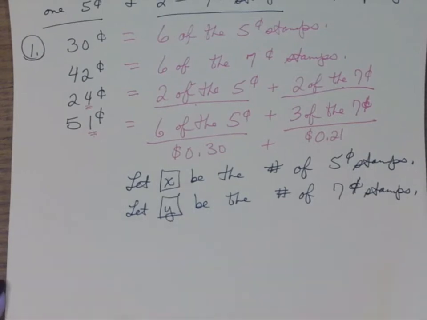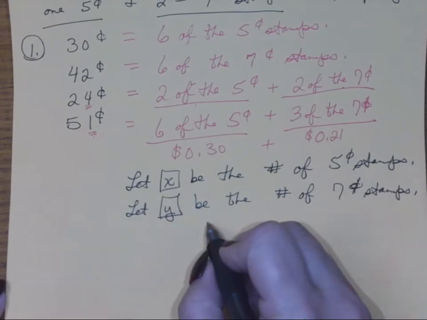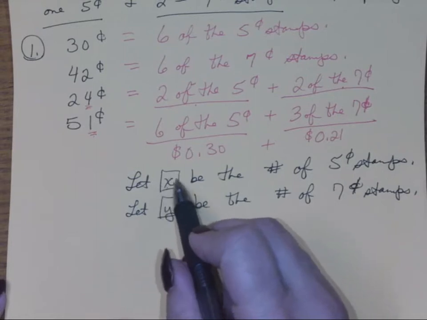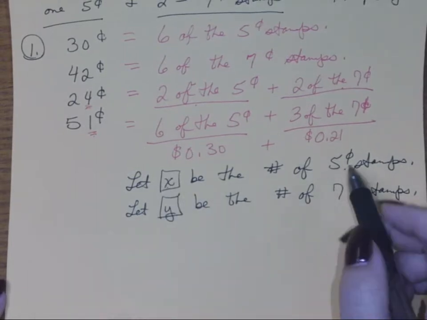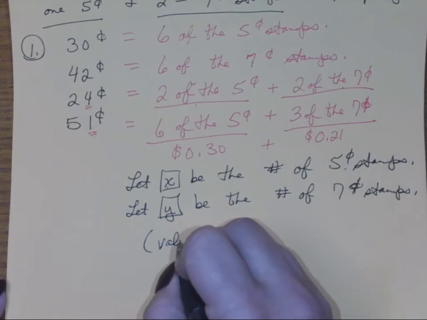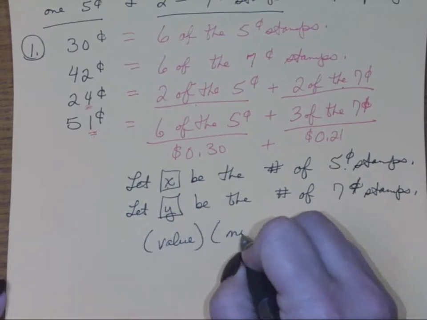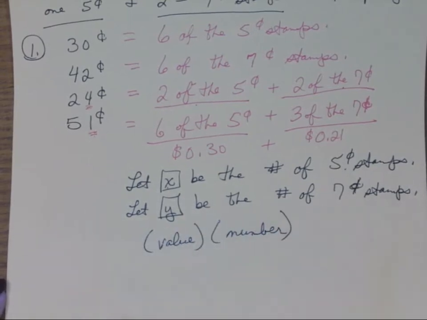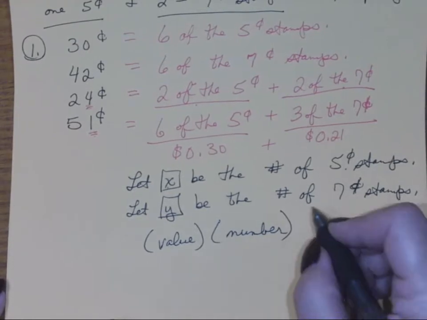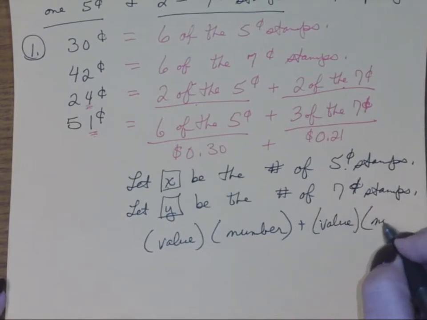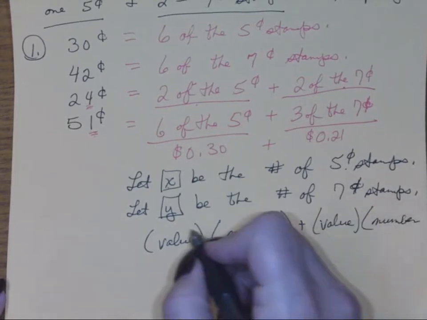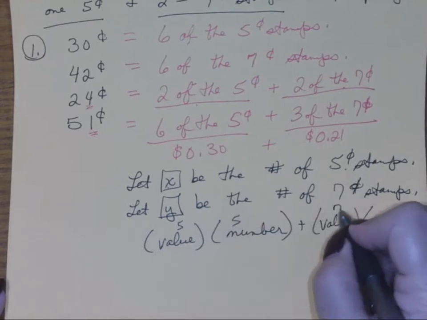Now, we haven't seen one with 2 variables, right? But I think, okay, I don't know how many x's, but every time I multiplied it by the value, right? So we did something like this, the value times the number of the 5-cent stamps. And then we did the same thing, plus the value times the number. These were both of the 5s, these are both of the 7s.